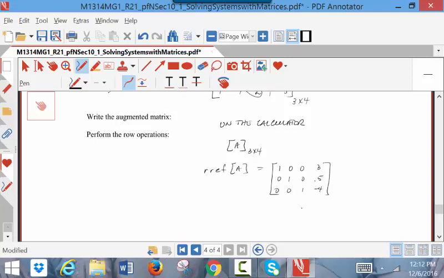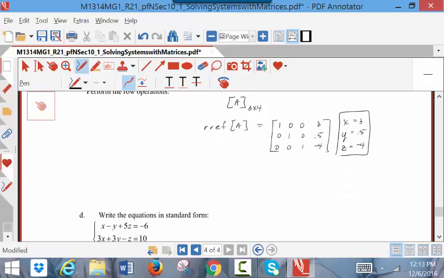Now, when you convert it out of the matrix back to an equation, this is 1x plus 0y plus 0z equaling 3. Row 2 is 0x plus 1y plus 0z equaling 0.5. And row 3 is 0x plus 0y plus 1z equaling negative 4. Here is your solution to your system.